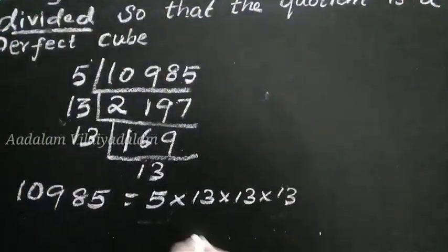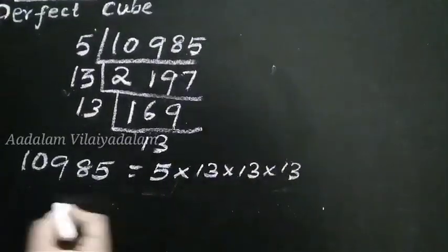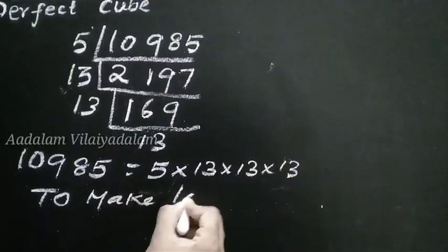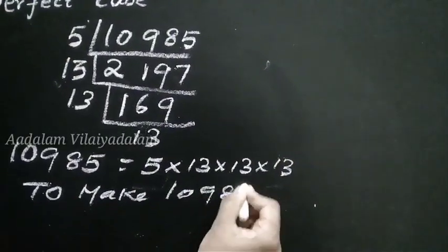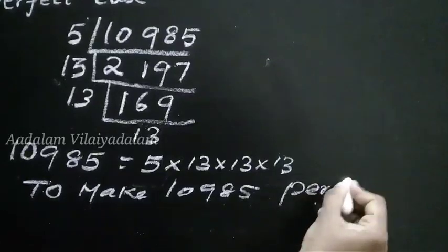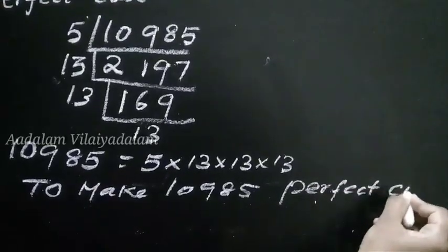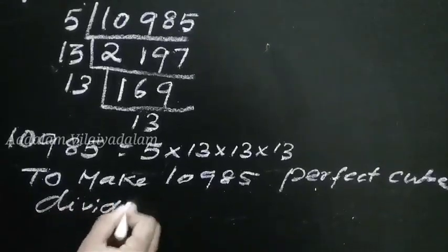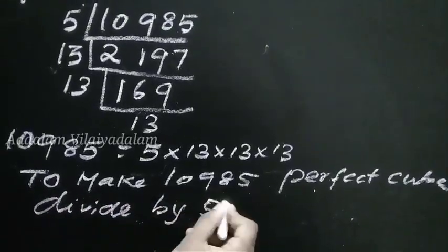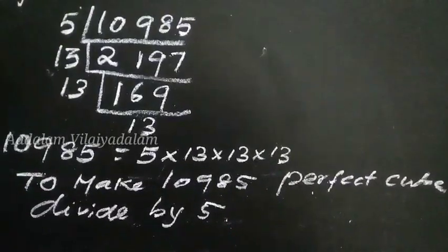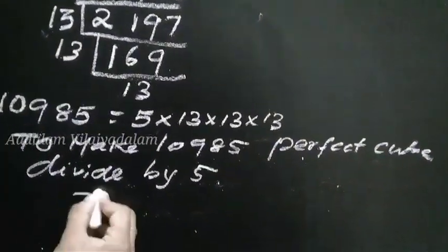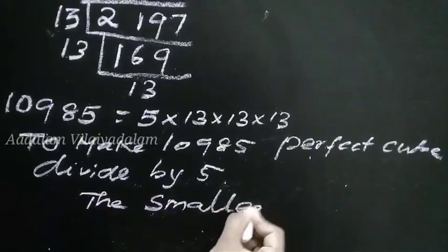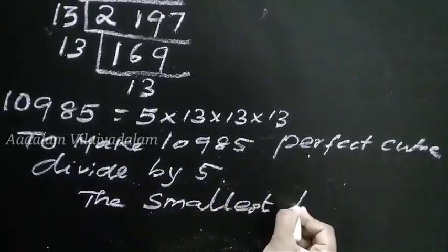Therefore the smallest required number is 5.